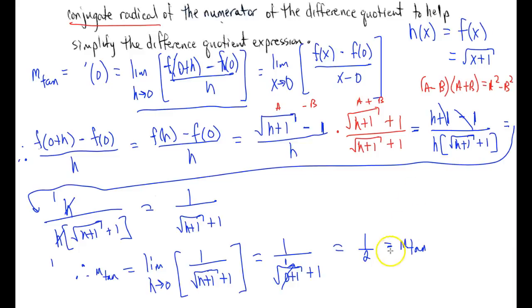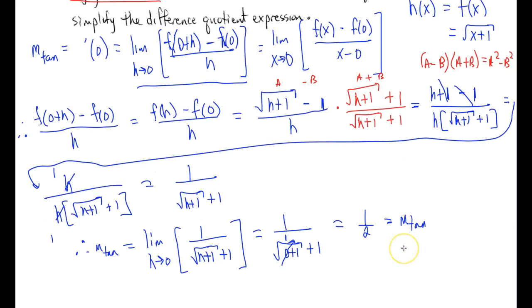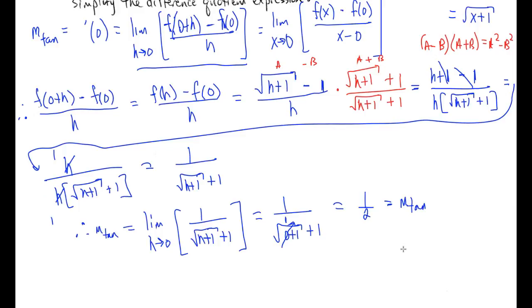And so now that we have that, that makes it relatively easy for the rest. We know that now we're trying to find the equation of the tangent line, and our slope is going to be 1/2. And we know we have the point (0, 1) on our graph here, because again, when we plug in 0 for x, we get just square root of 0 plus 1, which is square root of 1, which is just 1.